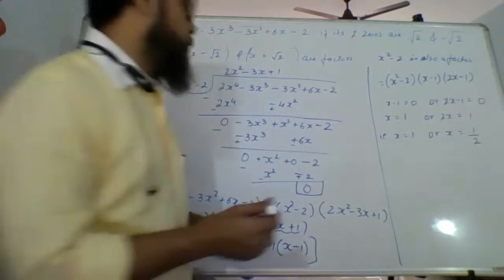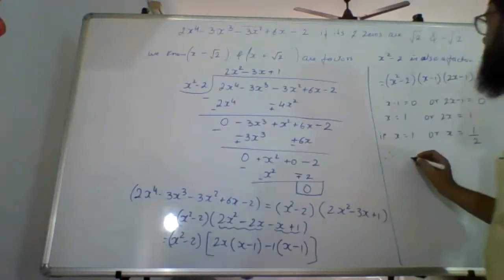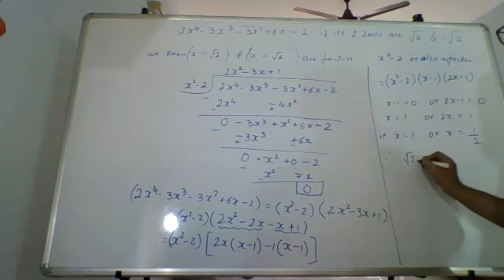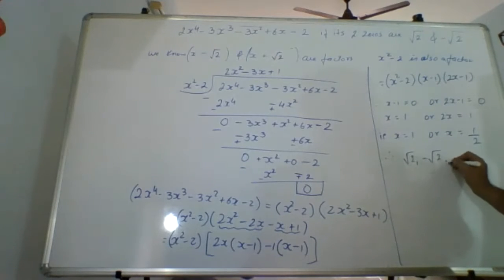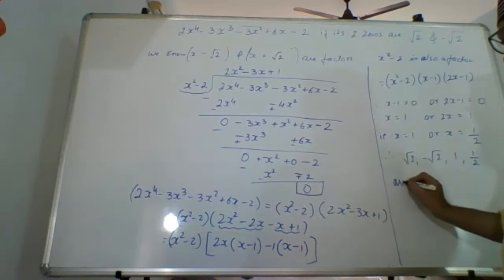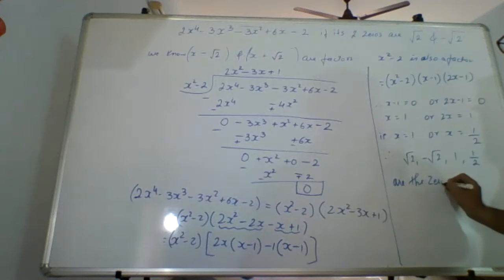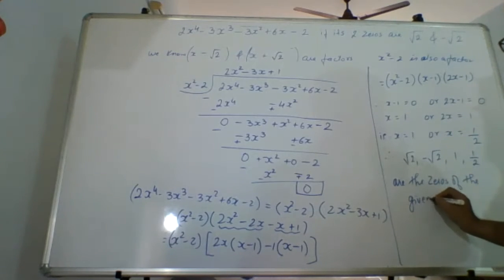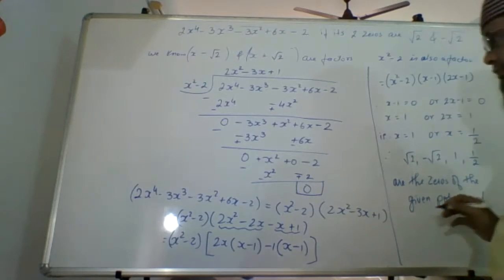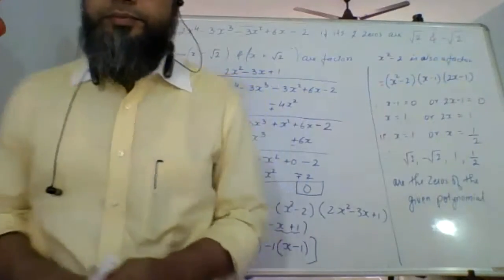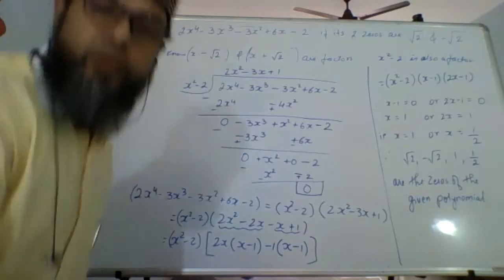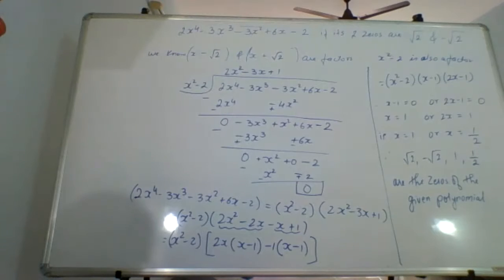Therefore, root 2, minus root 2, 1 and 1 upon 2 are the zeros of the given polynomial. Okay. Copy this. Anything not understood, please ask.